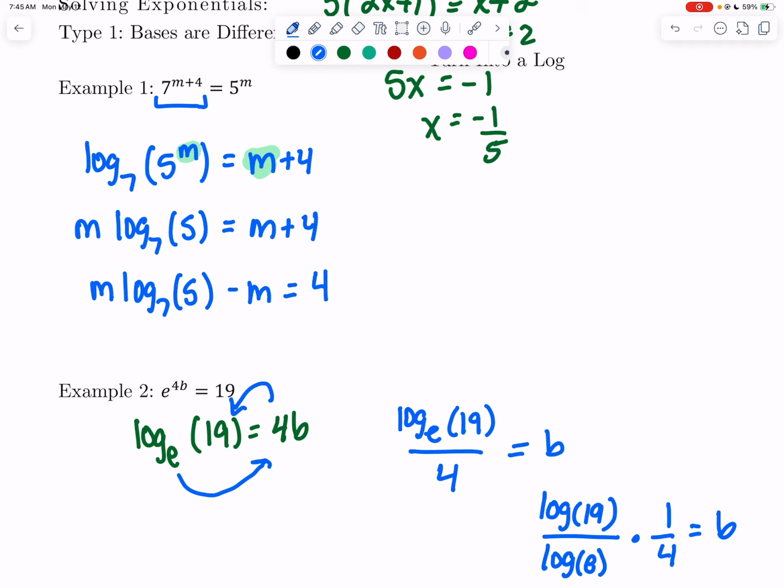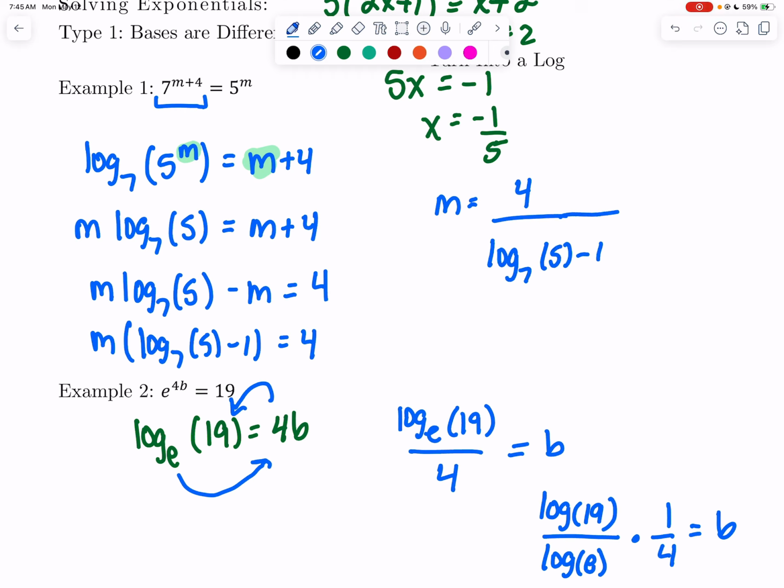Then we're going to factor out an m, because we only want one m now. And then we are going to divide by log base 7 of 5 minus 1. And this right here is my final answer.